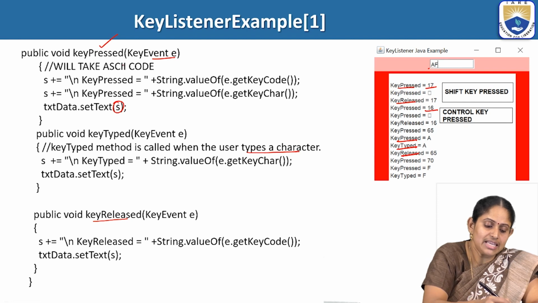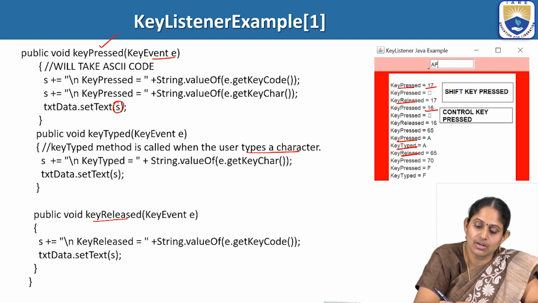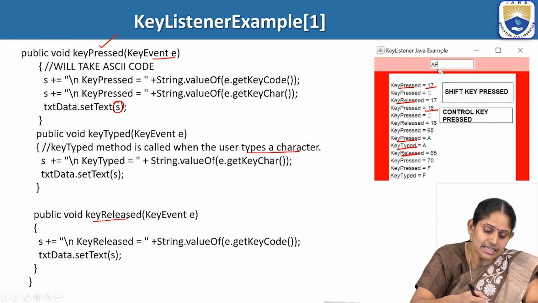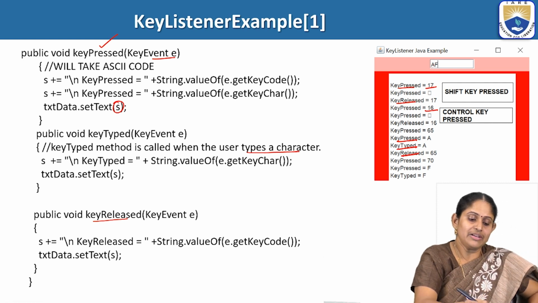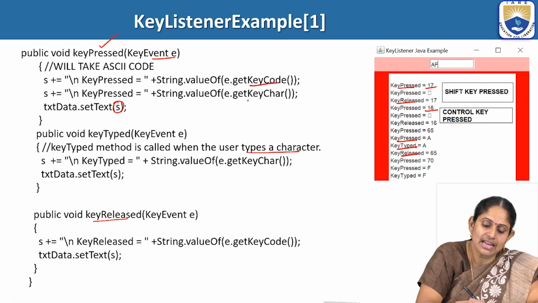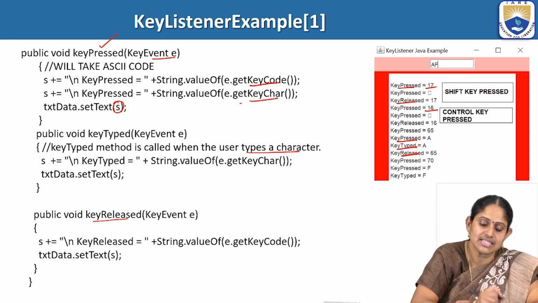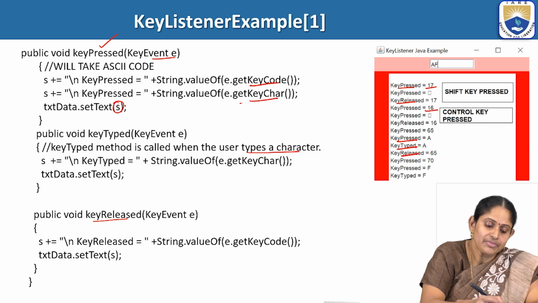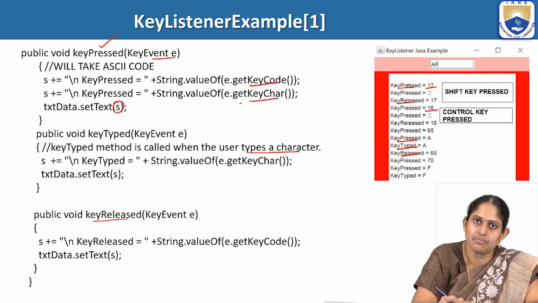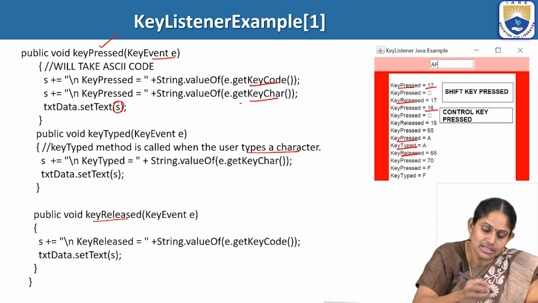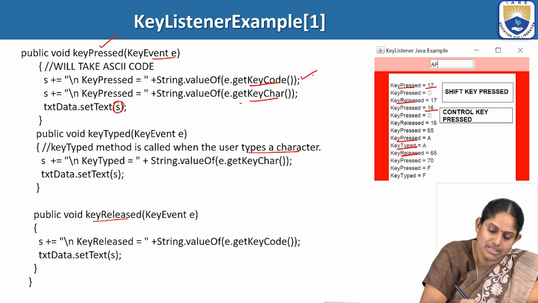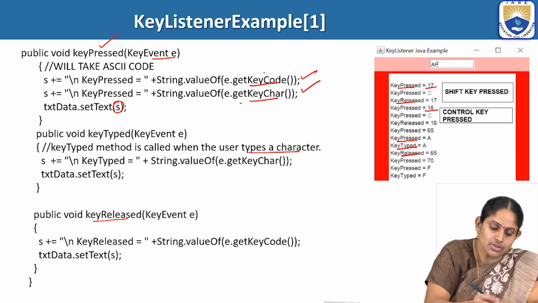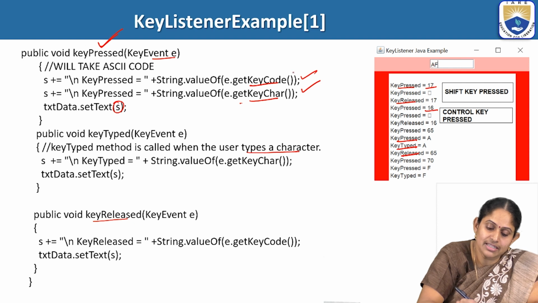Whenever a key is pressed, let's say when the key A is pressed, it will return the ASCII code and its corresponding character. So when key A is pressed on the keyboard, for key pressed, it will invoke these two methods, which will in turn do these two operations.